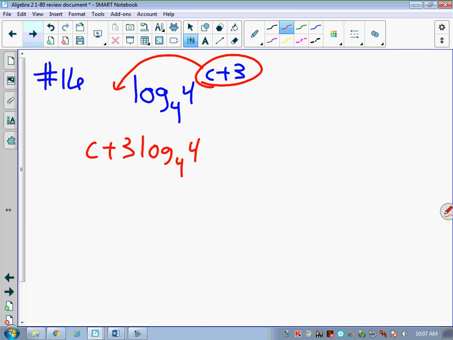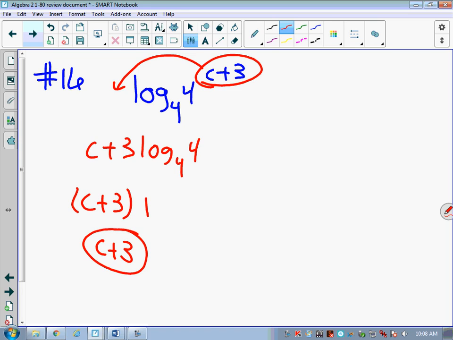The next thing I want you to recognize is the log base 4. Anytime I have a log with a base the same as its number, what does it come out to? 1. So that's like saying c plus 3 times 1. What is c plus 3 times 1? C plus 3. And in most of these questions, that log base and its number are the same. So typically speaking, your answer is always going to be the exponent because the rest of it cancels out.